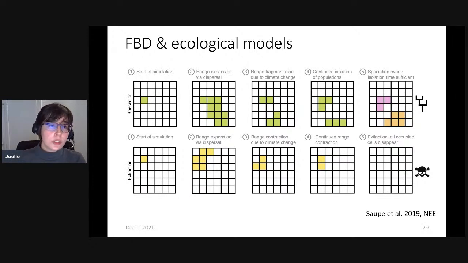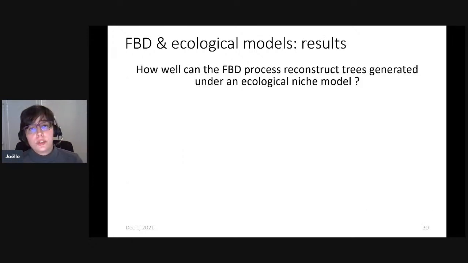So one question that we wanted to raise is how well can the FBD process reconstruct trees that are generated under an ecological niche model? So that's basically asking, you know, how bad is our assumption in the FBD process that speciation and extinction just happen, and can we get away with not modeling the processes that go into speciation and extinction?